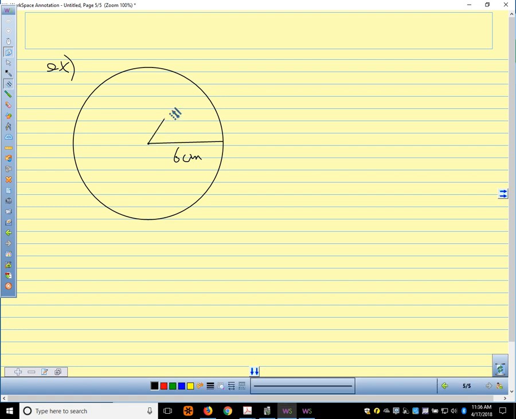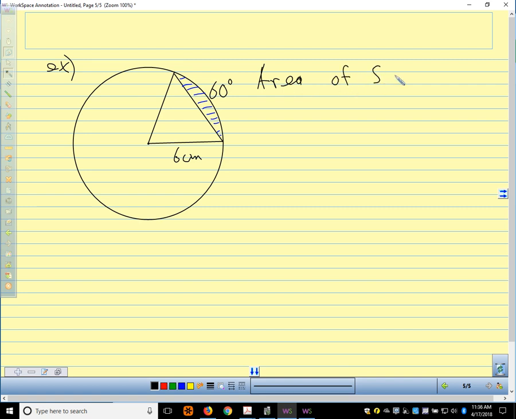And this arc is a 60-degree arc. And we want the area of that segment.